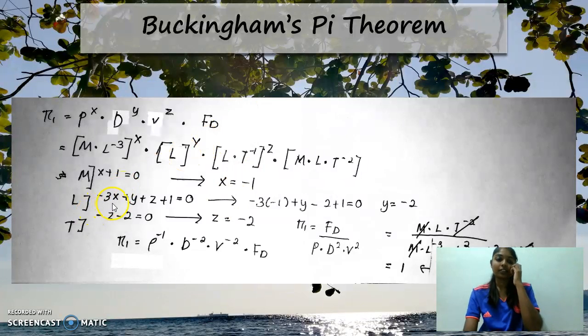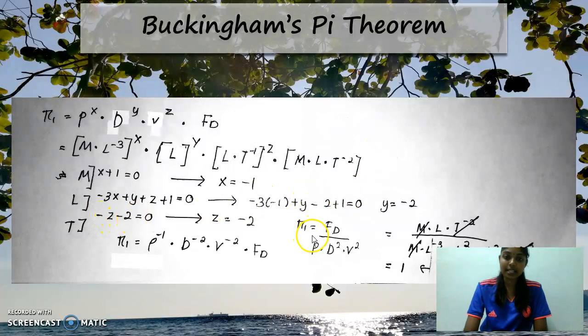We have to do it one by one. For t we have negative z and negative 2. So we can easily get pi 1, which is equal to Fd over rho squared v squared d squared. When we cancel, we get it dimensionless.